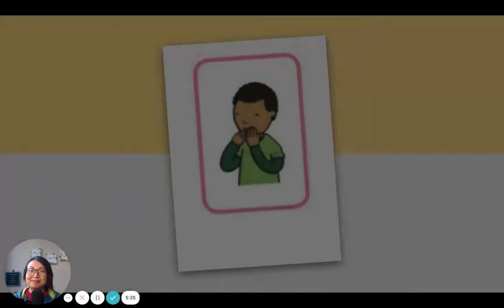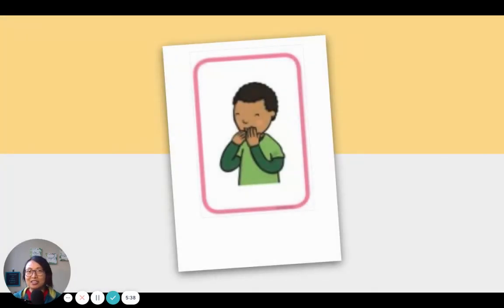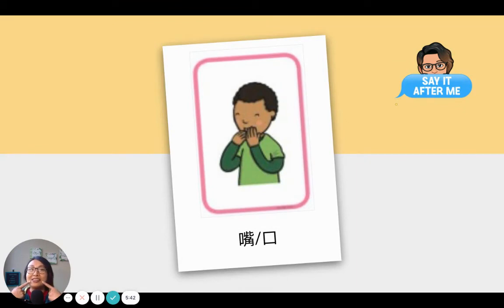What about our mouth? There are different ways of writing it. But when we say the mouth, we usually say 嘴, the first word, with a little more strokes. Or we can say 口. That's our mouth. So, 眼睛, 耳朵, 嘴, or 口.